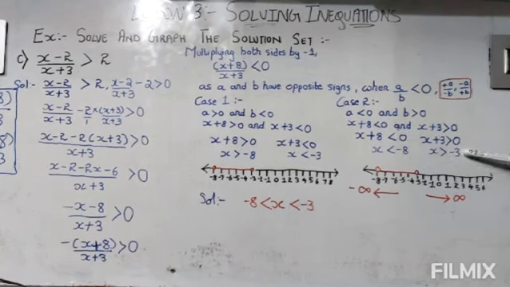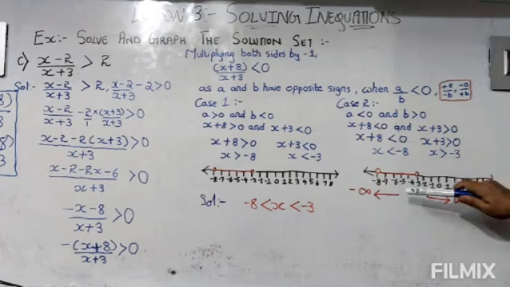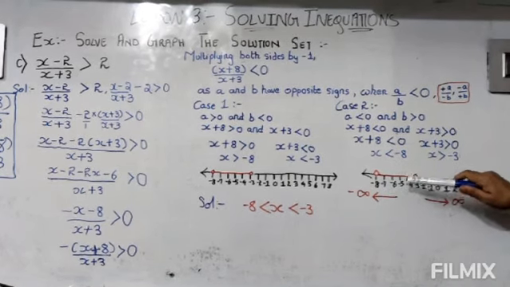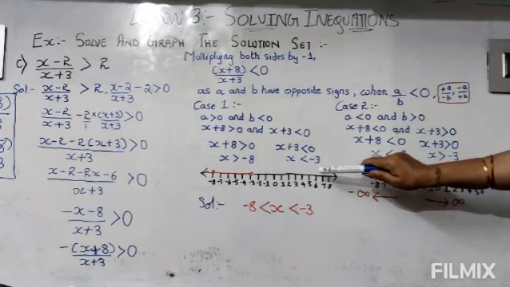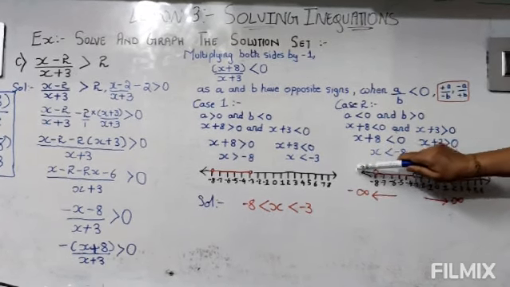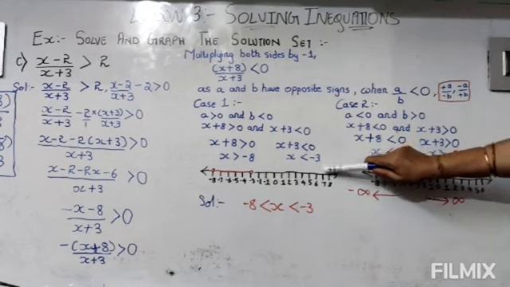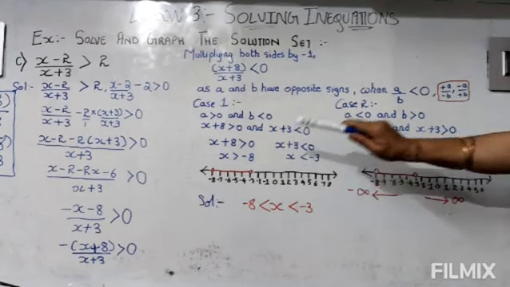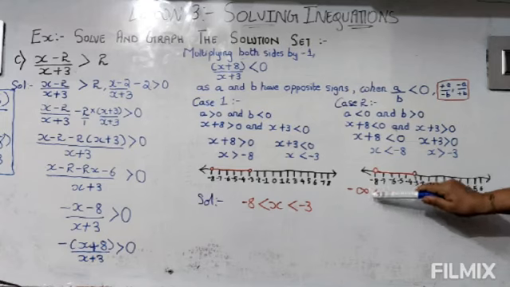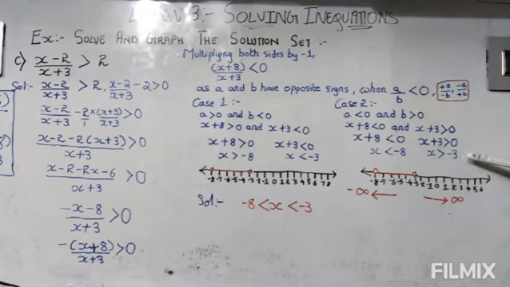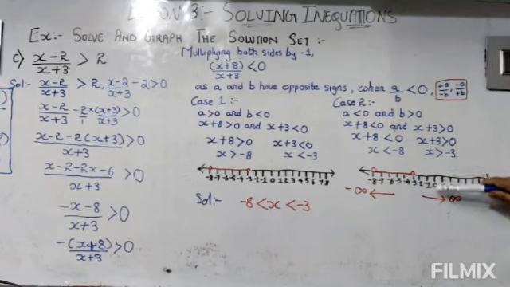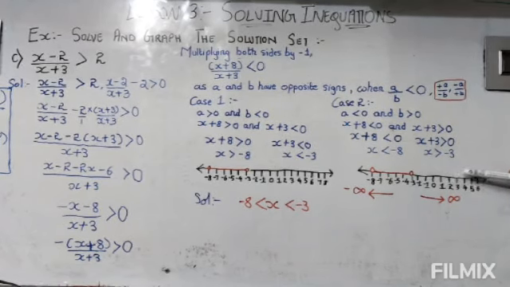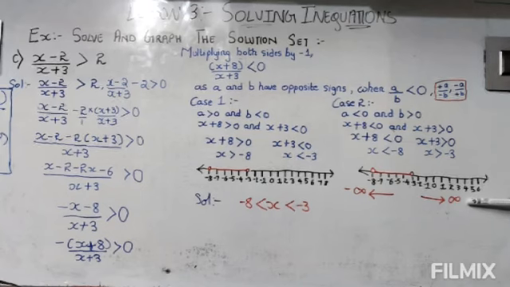Now I have shown this on the number line. X should be less than minus 8: minus 8, minus 9, minus 10, minus 11, minus 12, and so on till minus infinity. X greater than minus 3 means minus 3, minus 2, minus 1, 0, 1, 2, 3, and so on till plus infinity.